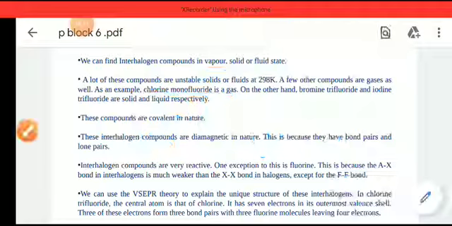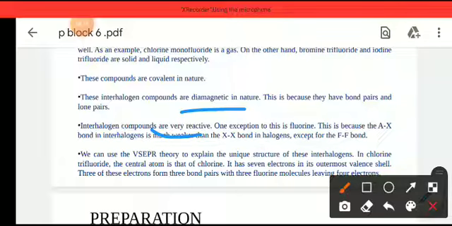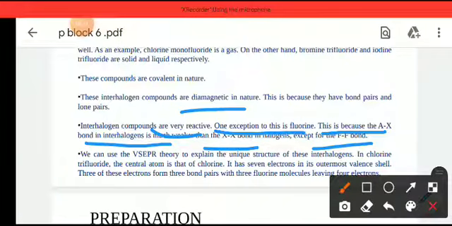Interhalogen compounds are diamagnetic in nature. And interhalogen compounds are very reactive, with one exception being fluorine, because the A-X bond in the interhalogen compound is much weaker than the A-A bond in halogens, except the F-F bond.